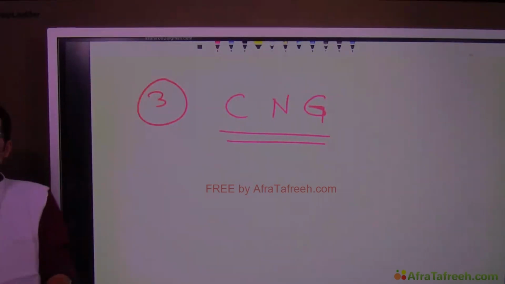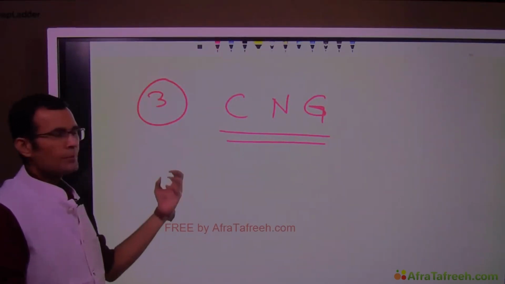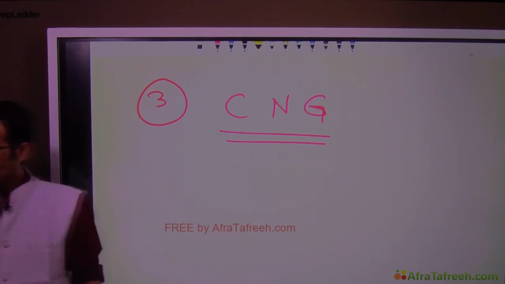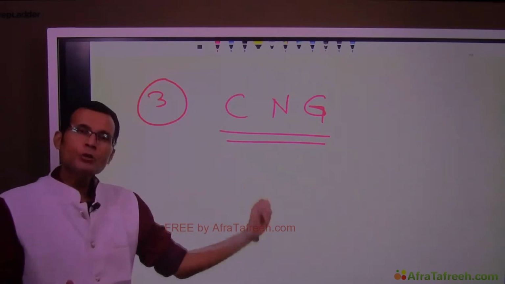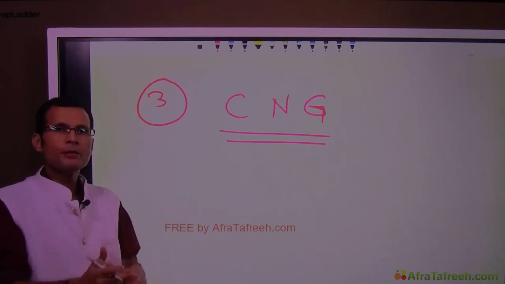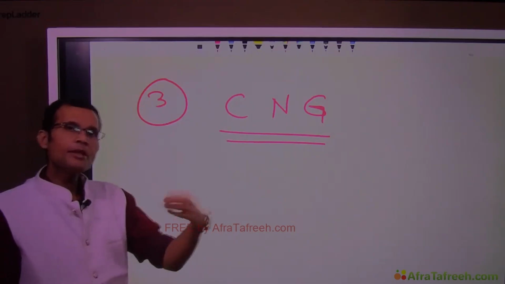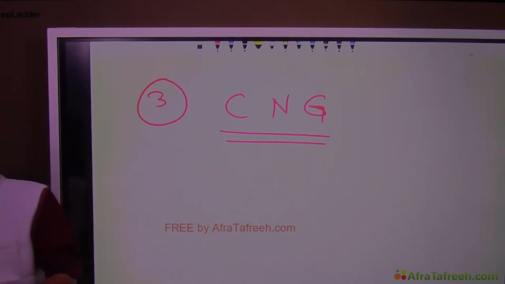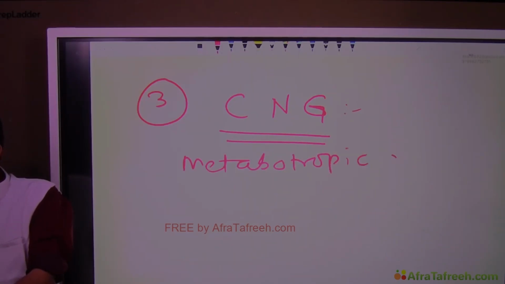Then what is this CNG? The muscarinic acetylcholine receptor or GABA subtype B. It's cyclic nucleotide gated. Cyclic nucleotide means cyclic AMP, cyclic GMP. So these are cyclic AMP gated channels or cyclic GMP gated channels, or they are also called metabotropic receptor associated channels.